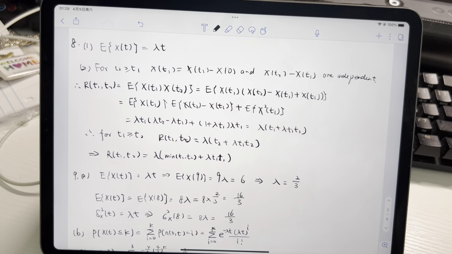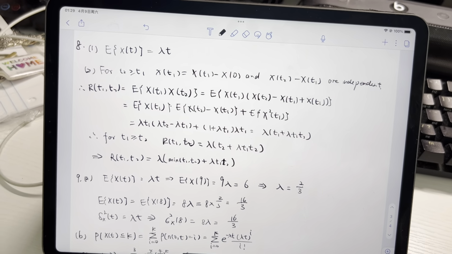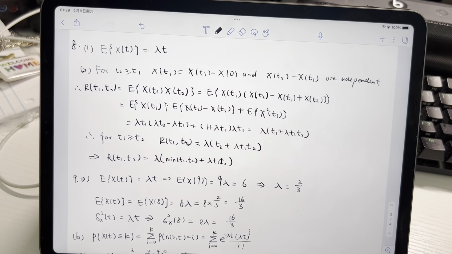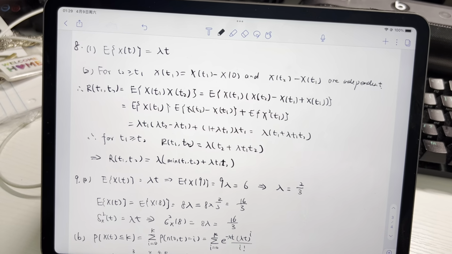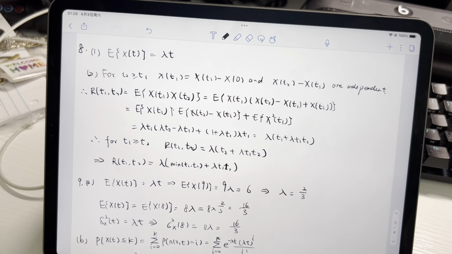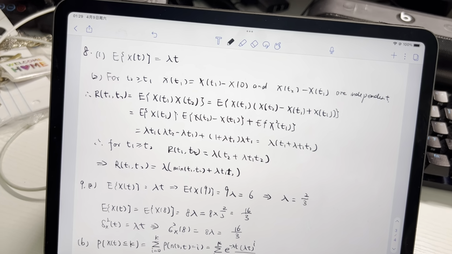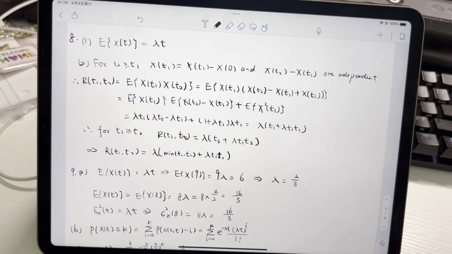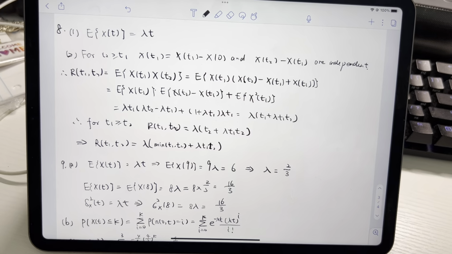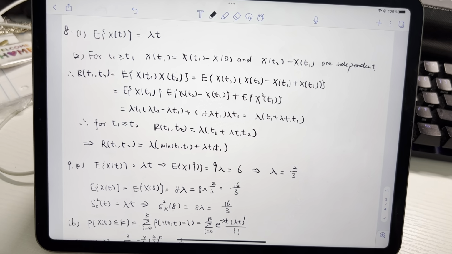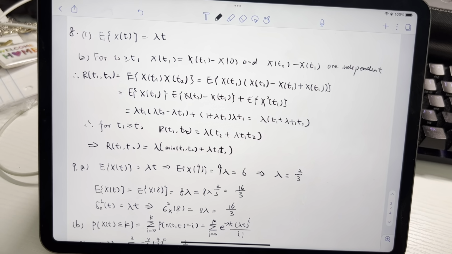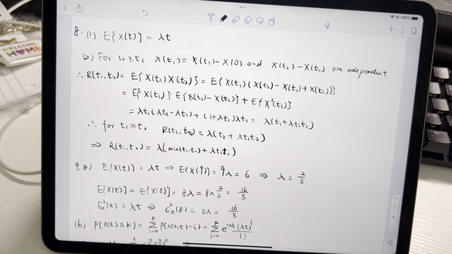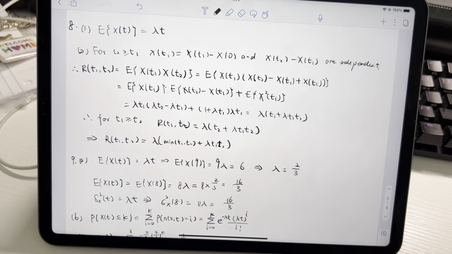From chapter 4, we know that for the Poisson distribution, the expectation of X is equal to lambda, and the variance of the Poisson distribution is also equal to lambda.